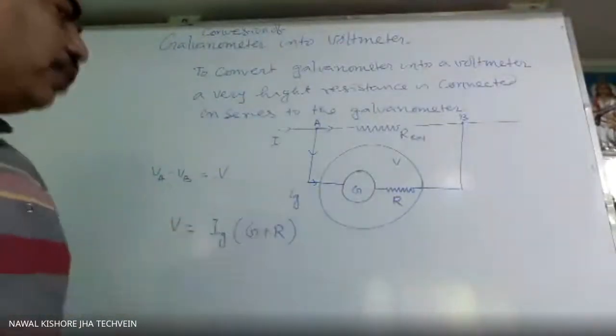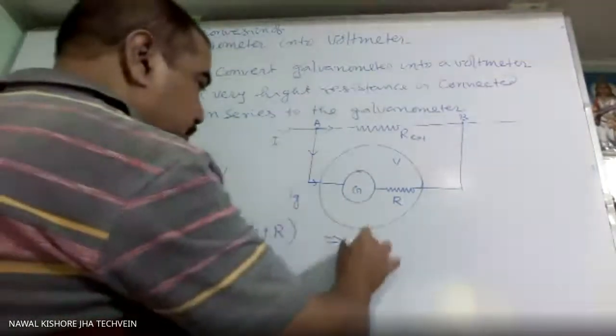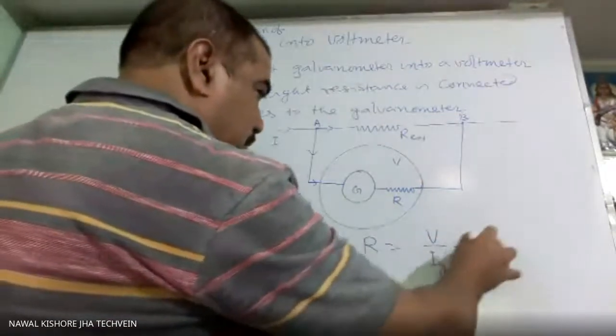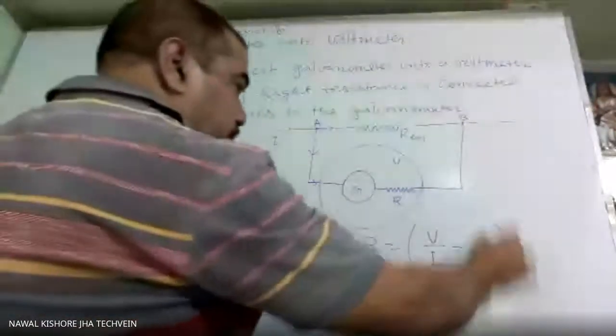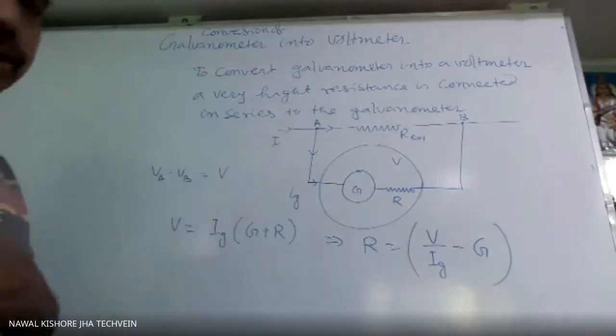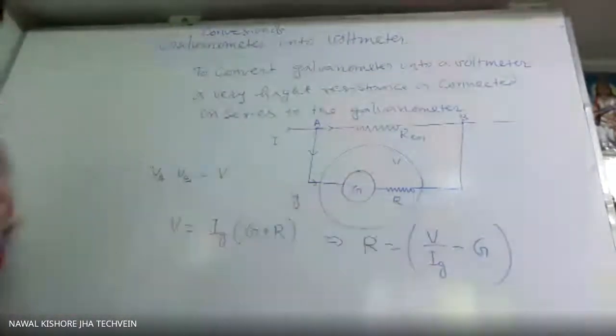So what will you get? The resistance which is connected in series to the galvanometer is given by this one.